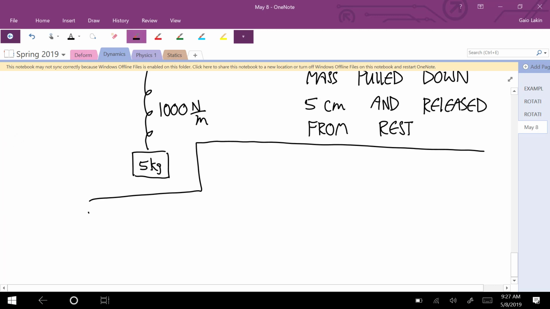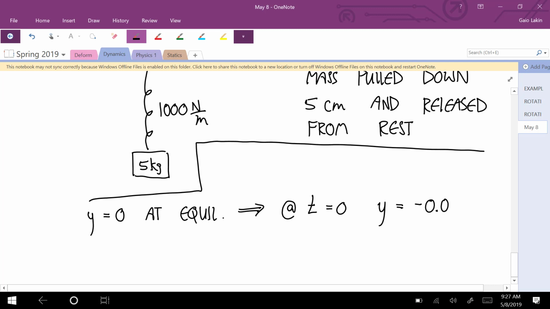You can just choose y equals 0 at equilibrium. And that means that at time equals 0, y is equal to negative 0.05. Y dot is equal to 0.